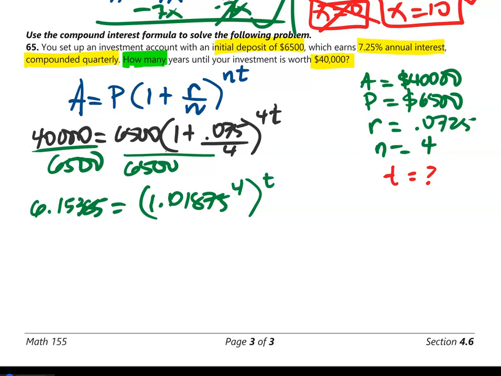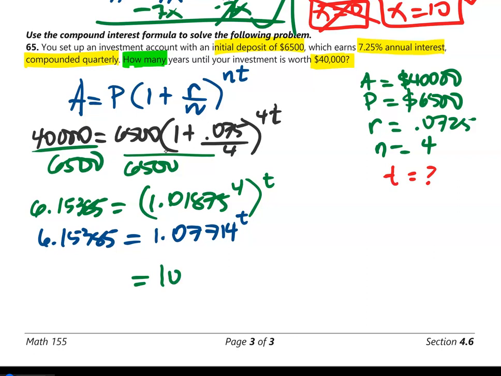So this is 6.15385 is equal to 1.07714 to the power of t. Now to solve for t, we rewrite this exponent in log form.